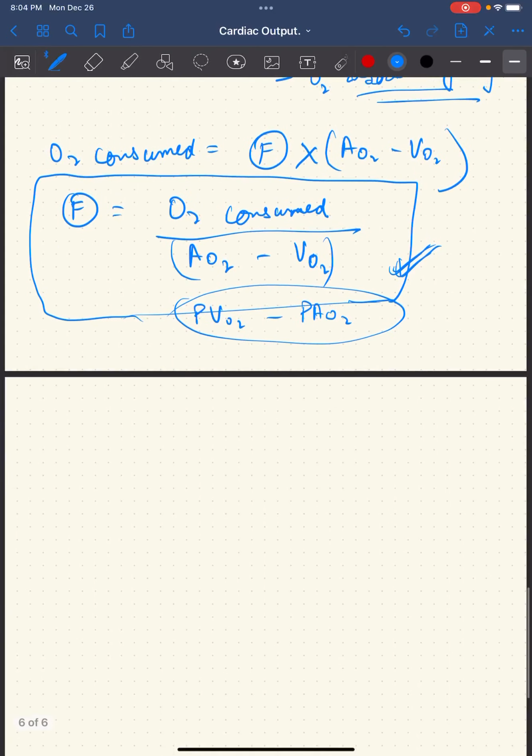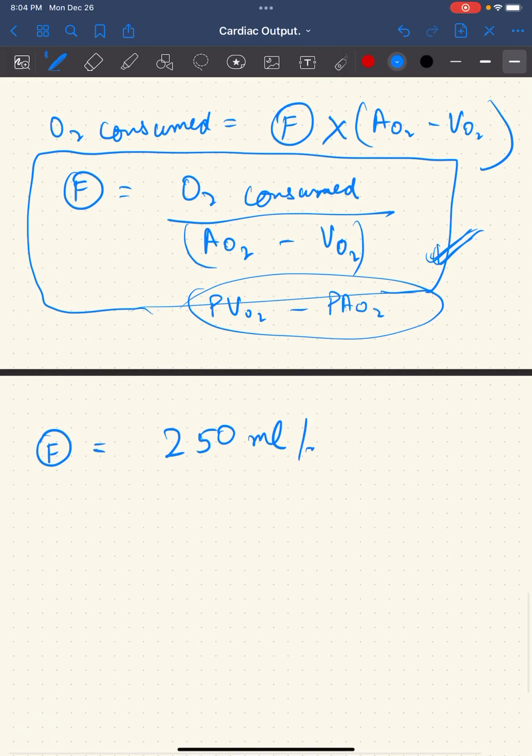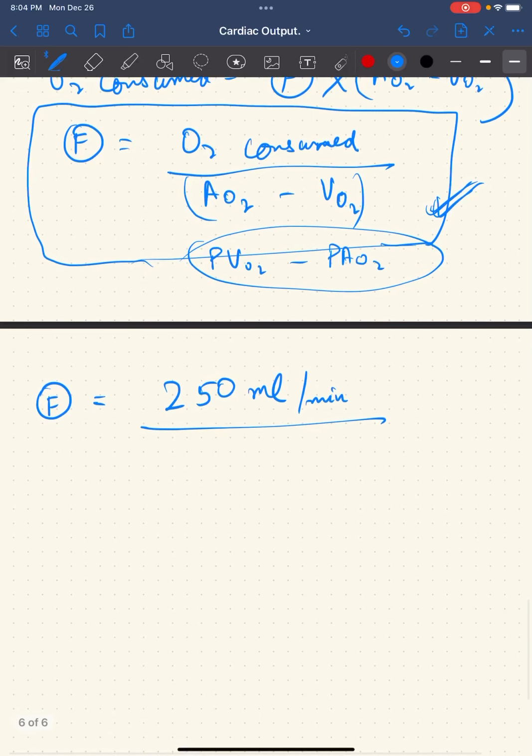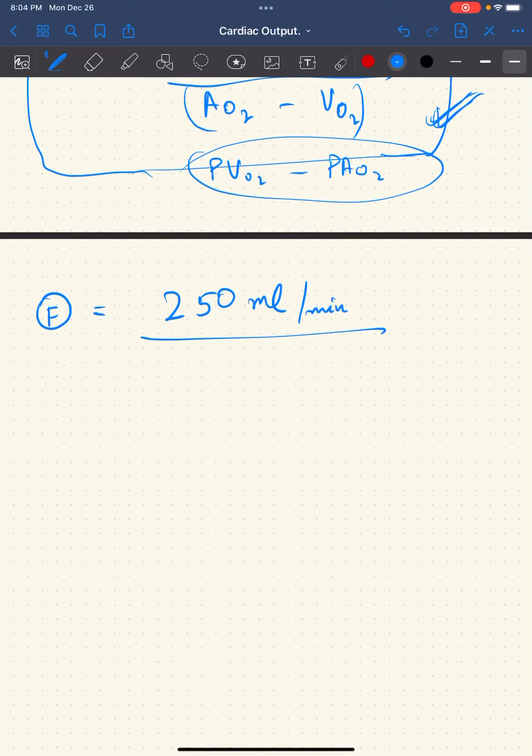So flow, in normal conditions, O2 consumed is 250 ml per minute, divided by arterial O2 in the aorta, which is around 190 ml per liter. 100 ml blood contains approximately 20 ml of O2. You know this, right?